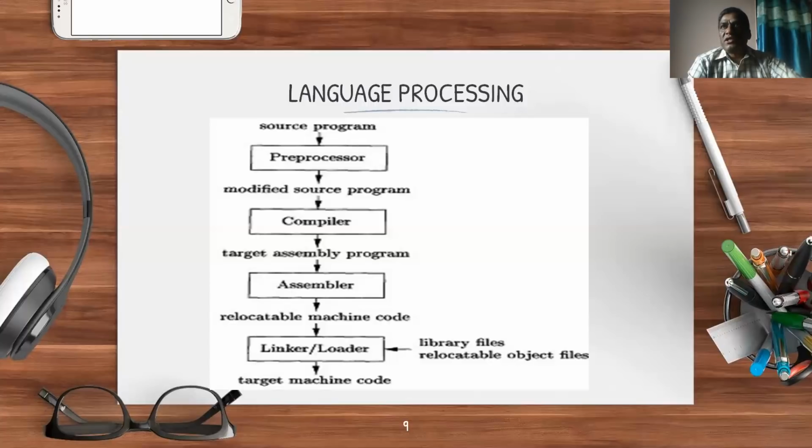That means function calls must be properly linked to their function definitions. By linked, I mean every function call is replaced by the address of its function definition. That is called linking, right?